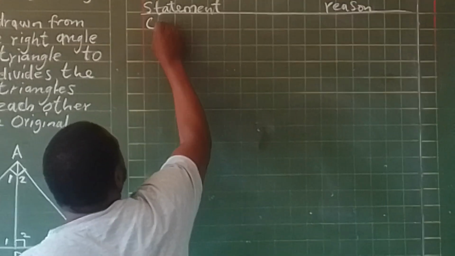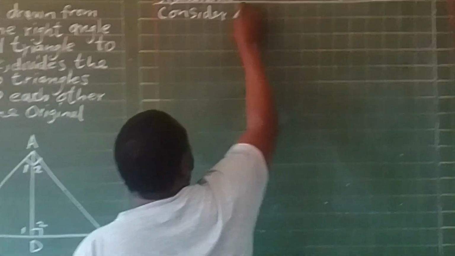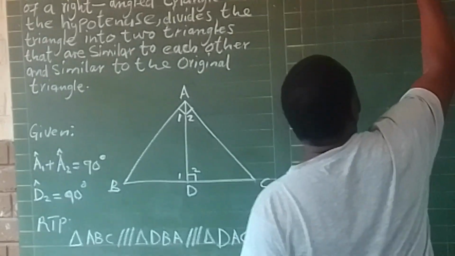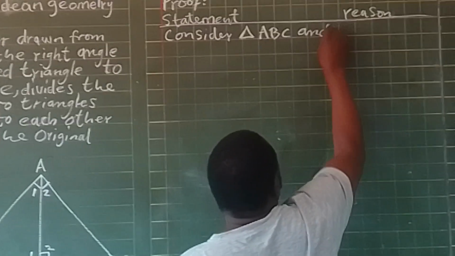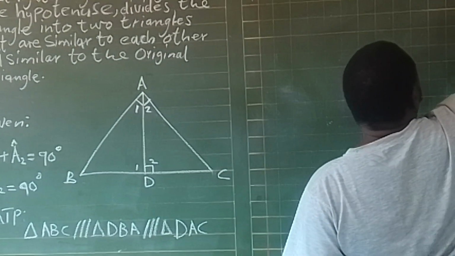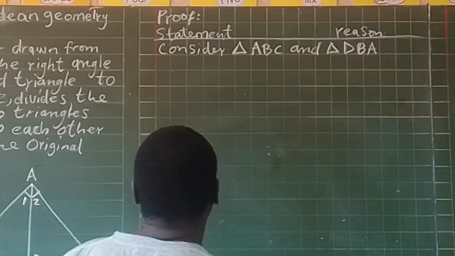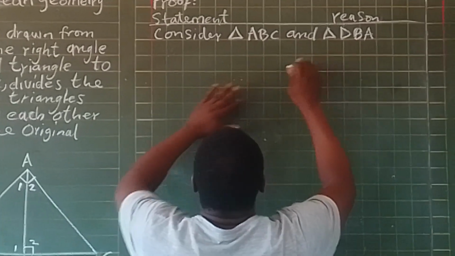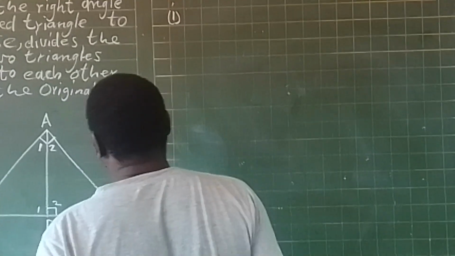We consider triangle ABC and triangle DBA. If it is like that, now put it in point form, point 1.